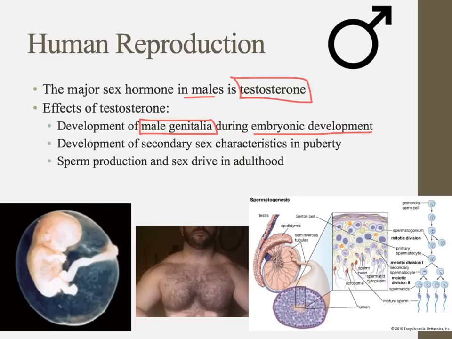During puberty, that same hormone develops secondary sex characteristics: body hair, deepening voice, increased muscle mass, etc. And in adulthood, testosterone is the main cause of sex drive and of sperm production. Kind of cool that one hormone can do different things throughout a man's lifetime.